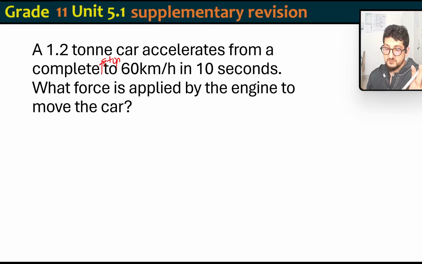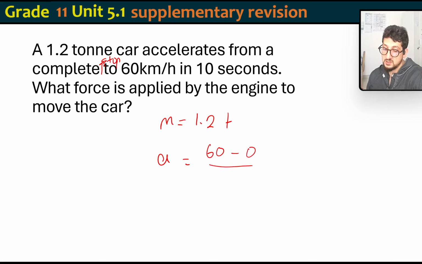Don't panic. The first thing to do is to look at what you have. You have the mass, 1.2 tons. Do you have the acceleration? Well, you can work it out. The acceleration is change in velocity over time, which means 60 kilometers per hour minus 0, over time.